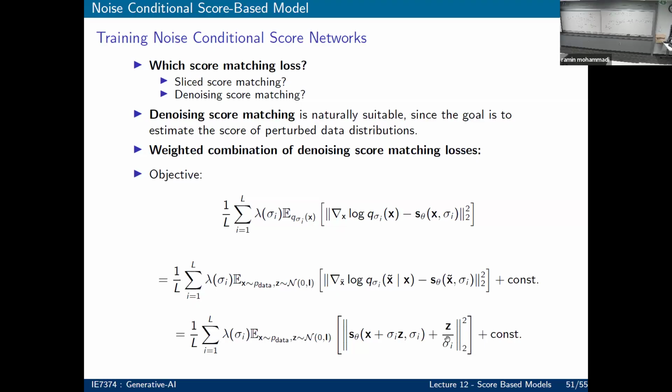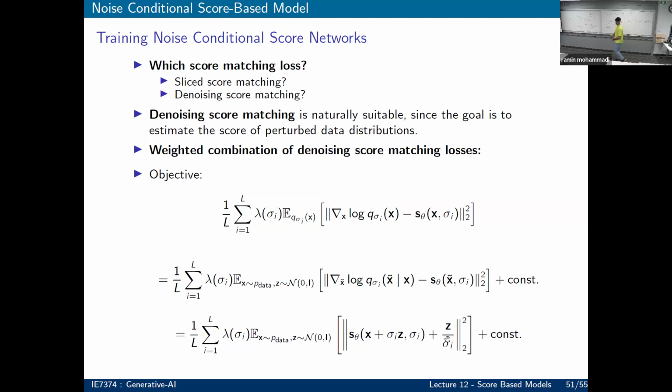Now, what we see here is the same thing that you saw in the previous slide. You have it in your PDF, but you can expand this, take it to the power of, do integration by parts, and then you end up with this equation again. So your loss function becomes an average across different noise levels.